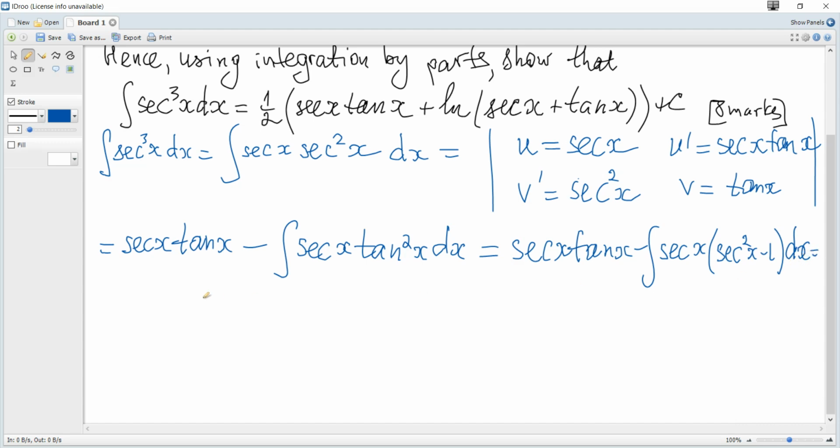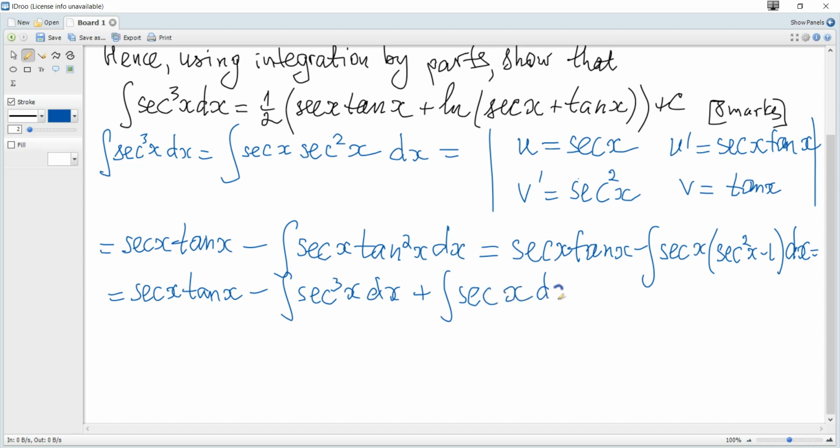If we open parentheses here we get that it is equal to secant x tangent x minus the integral of secant cubed x dx plus the integral of secant x dx.